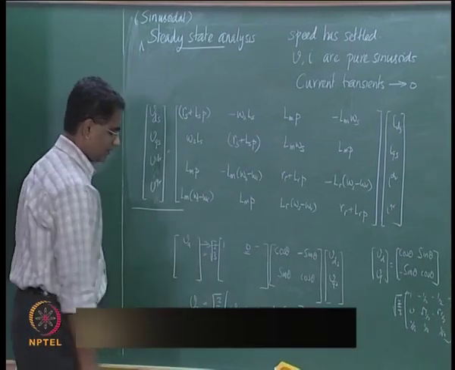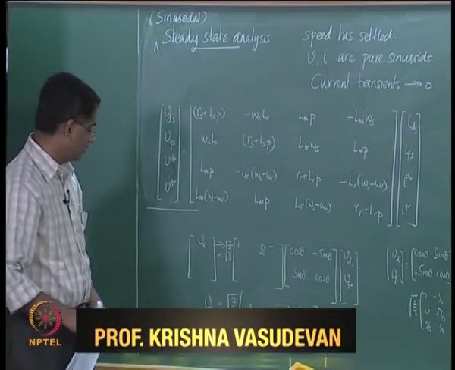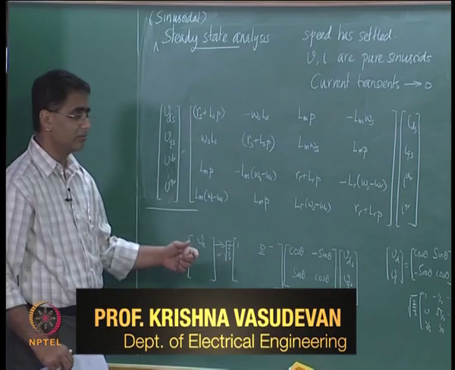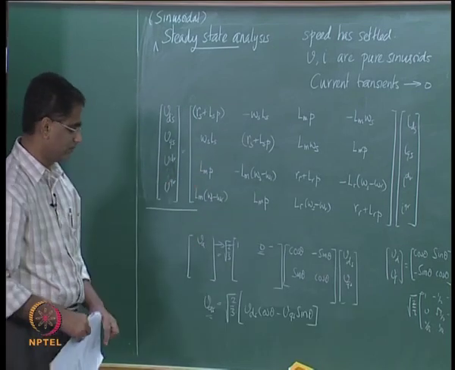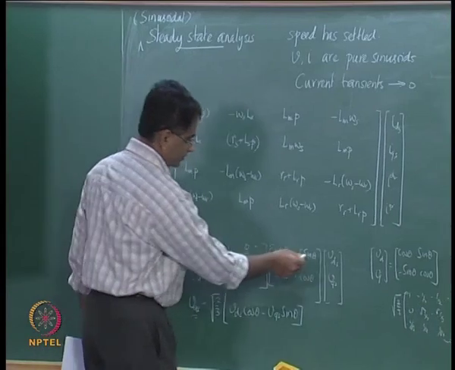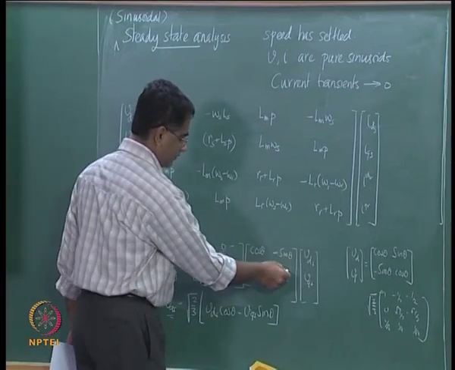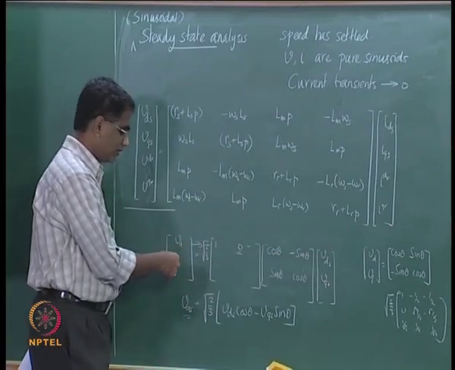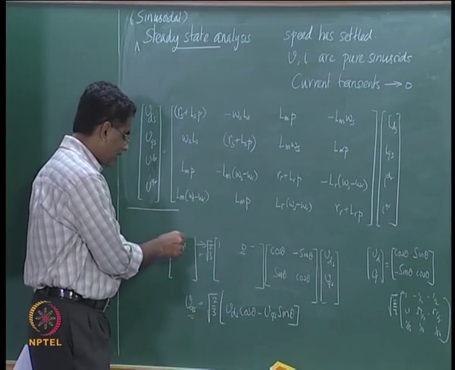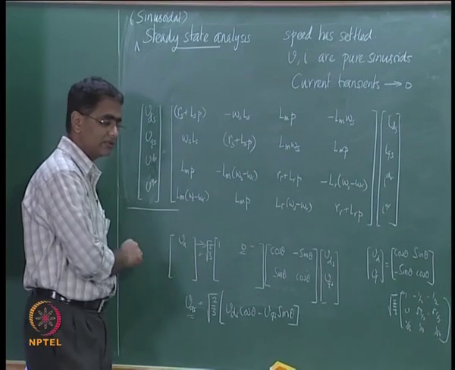This is VAS. Now similarly one can do the same thing for IDS and IQS as well. You can substitute here IDS and IQS, same way you transform it in the reverse sense and get back IAS, IBS and ICS.